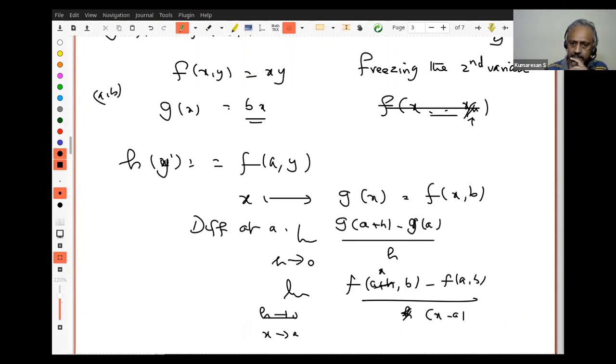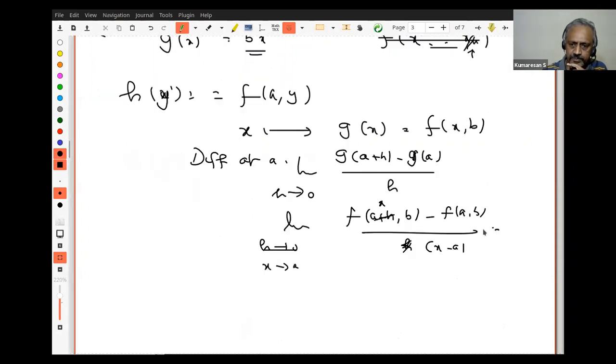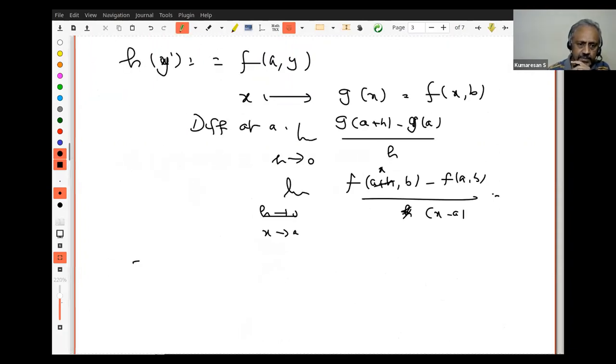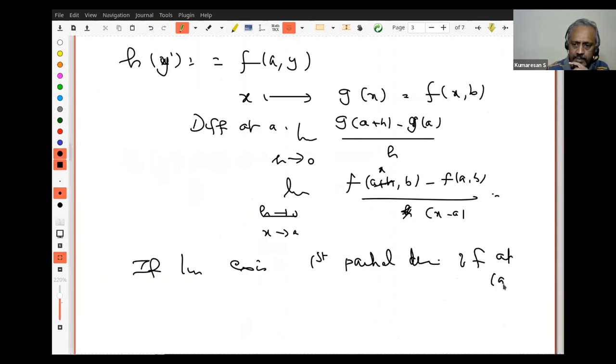You follow that? If the limit exists, then we call it the first partial derivative of f at the point (a, b). Notice that a and b both are involved. It is not at a only. Or you can also say partial derivative of f at (a, b) with respect to the x variable.